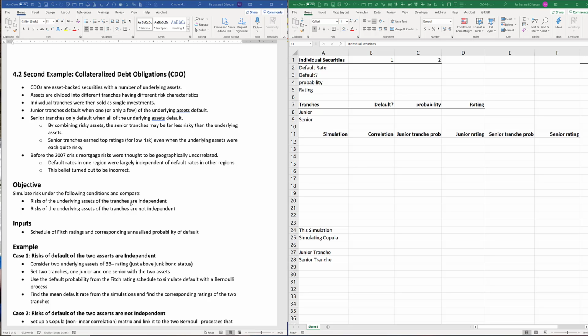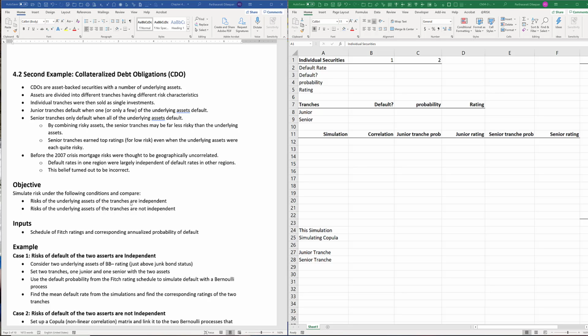CDOs are asset-backed securities with a number of underlying assets. Each underlying asset is divided into different tranches having different risk characteristics. The individual tranches are then sold as a single investment.